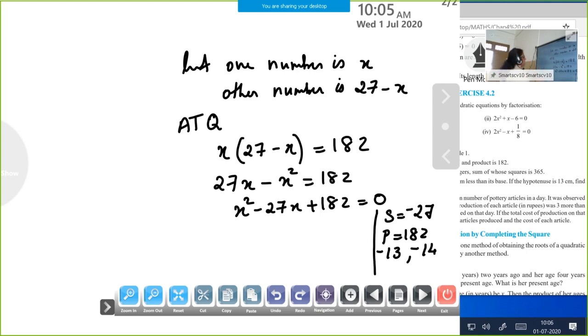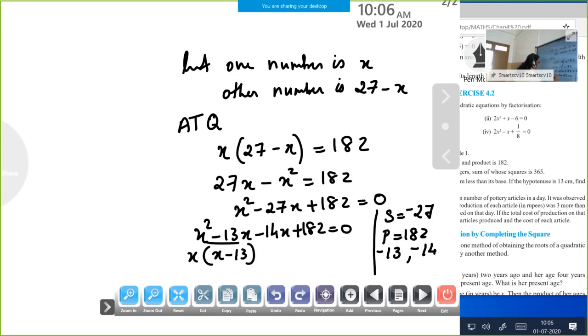That means split the middle term: x square minus 13x minus 14x plus 182 is equal to 0. Taking x common, x into x minus 13. Grouping these two, minus 14 common, that is x minus 13 is equal to 0.